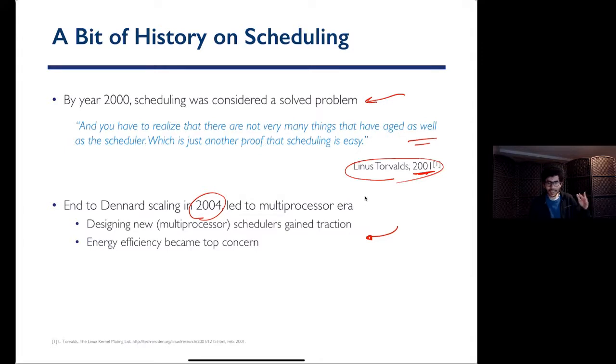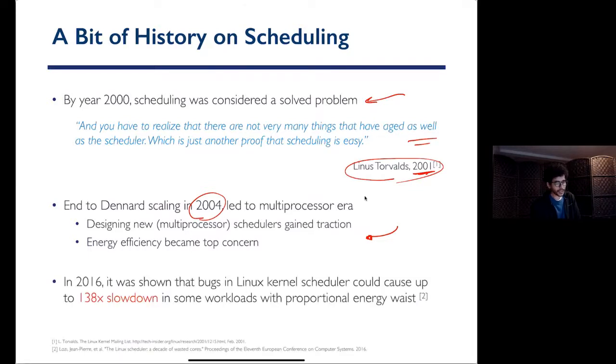So we can still do it. It's no big deal. We can still use what we've learned with uniprocessor scheduling and apply it to multiprocessors, and we should be fine. Now, came 2016.